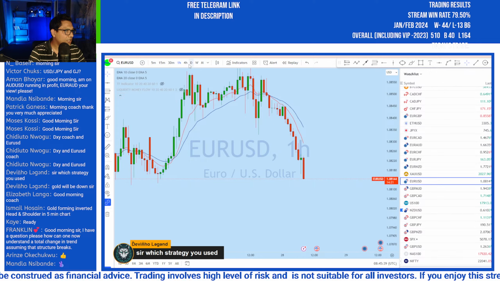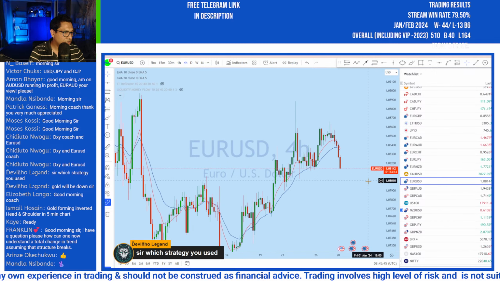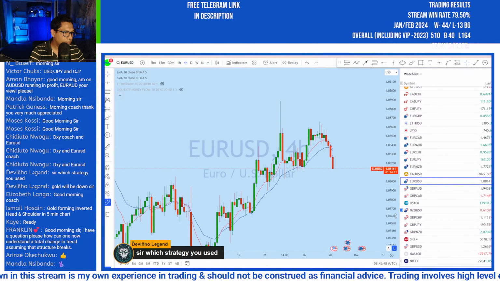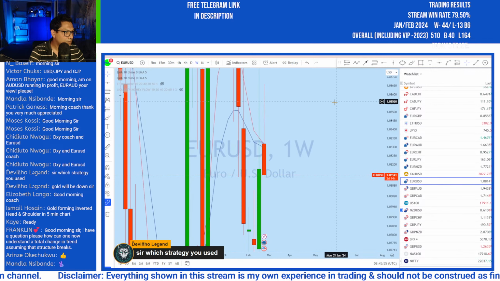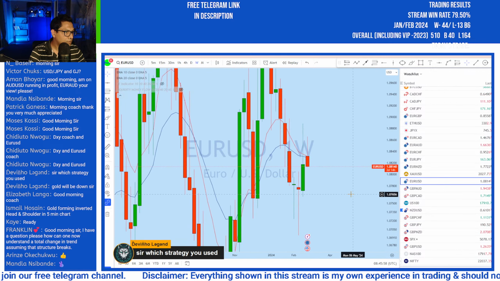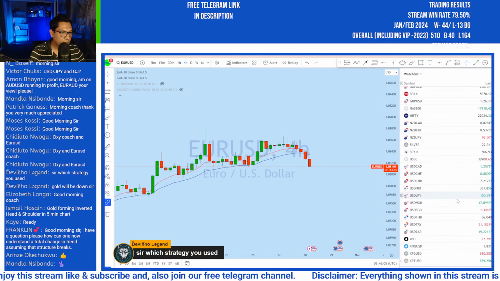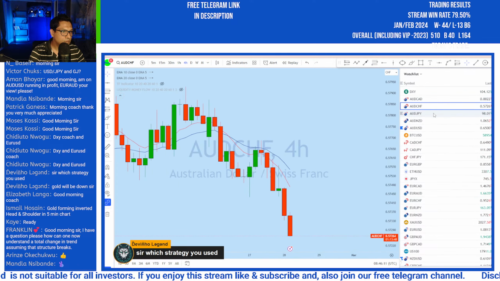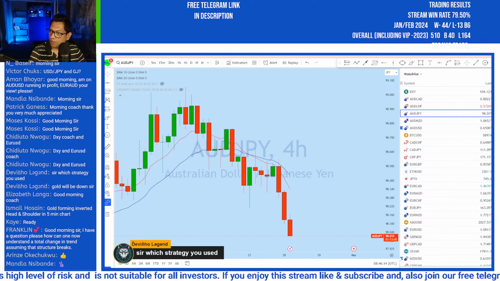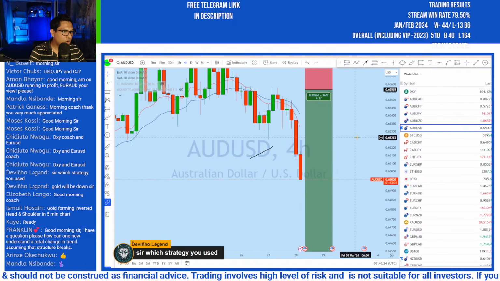Including the euro dollar. So you see there is a huge breakdown on all the instruments, including euro dollar. See, USD pairs had a very strong rejection from the top. I'm just looking at all the pairs to see how the market is evolving here.